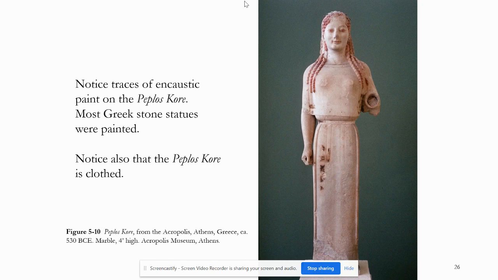Now, you notice that she is dressed. Most female figures in ancient Greek art are dressed. They never appear nude, not until the Hellenistic and Roman periods, so very late periods of ancient Greece under Alexander, and then in the Roman period. You can see that her robe is not particularly detailed.